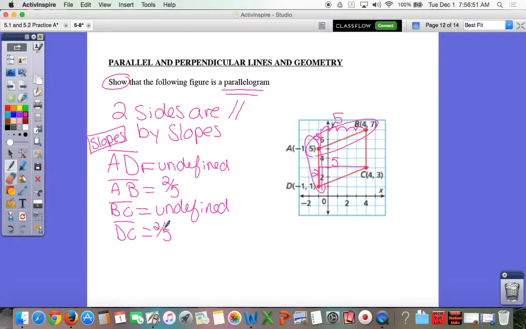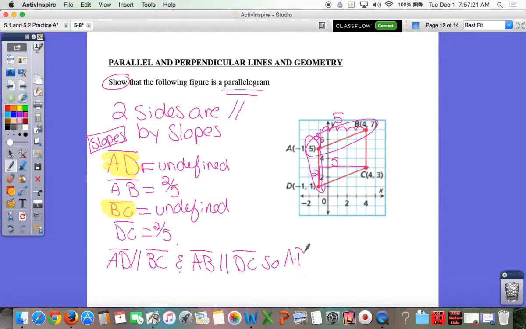So you could say that AD is parallel to BC, and AB is parallel to DC.